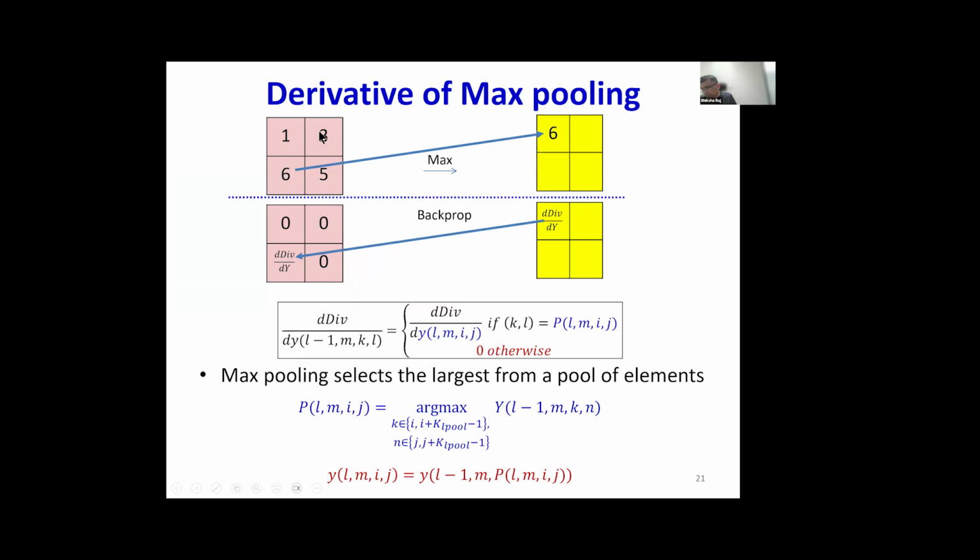So the rest of them had no influence on the output, which means that the derivatives of the divergence with respect to these must be zero because they do not influence the output. And the derivative with respect to the element that was copied over can be copied back exactly over here as well. So this was the back propagation for the max pooling layer. Everybody remember this?